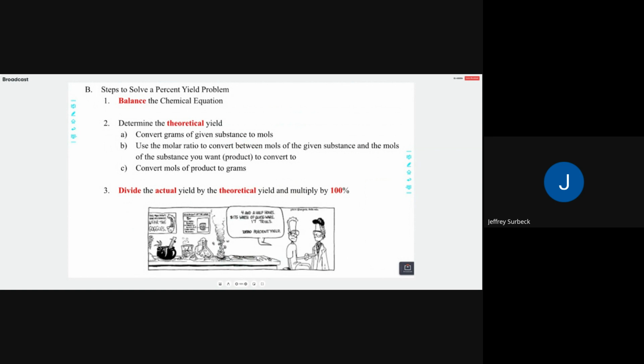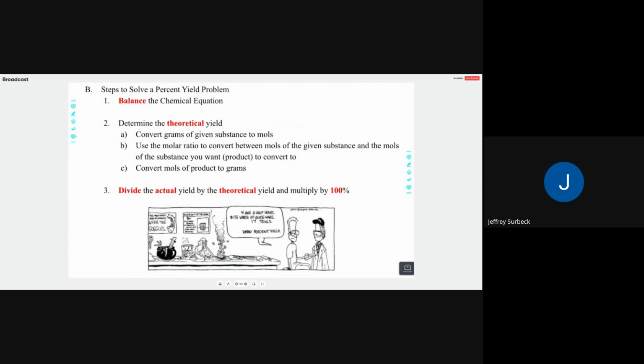And then for problems, you will be given the number of grams that is actually obtained. Okay? In a lab experiment, you would do the lab experiment and you would determine, hey, this is actually what we got when we ran the specific experiment. And don't forget to multiply by 100 because this is the percent when we get to our formula. Okay? Questions? Does anybody need this?